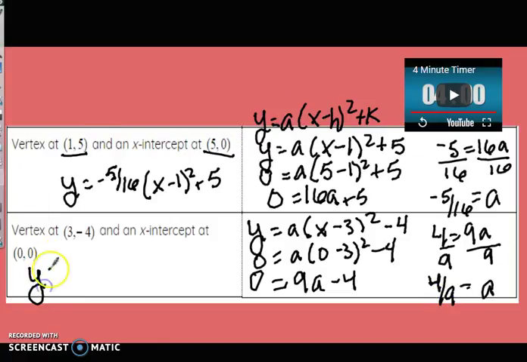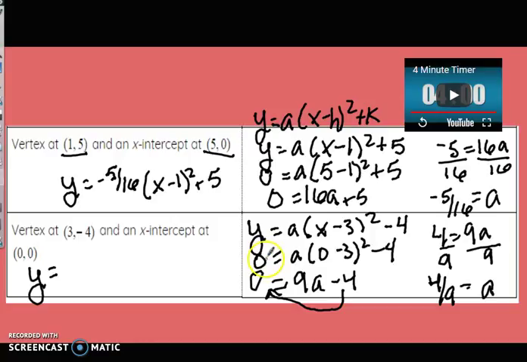Okay, so y equals, yep. I got the same answer, but I didn't have the 4 equals. I just had 0 equals. Did you move the 4 over and then? Yeah, I did it at the bottom part. I moved the 4 over.